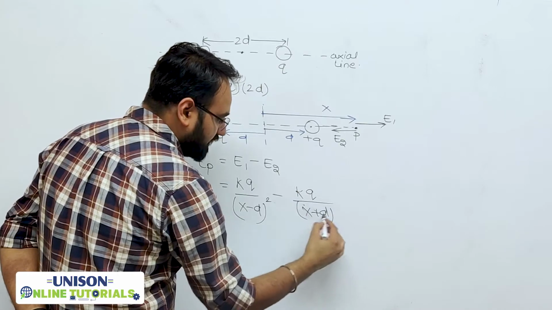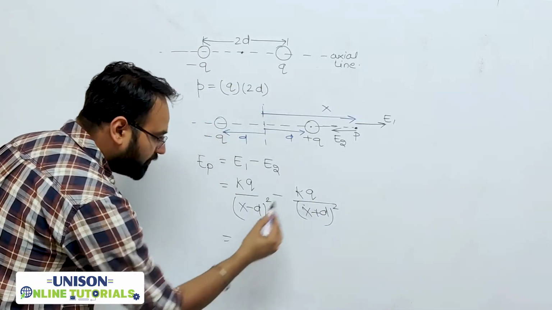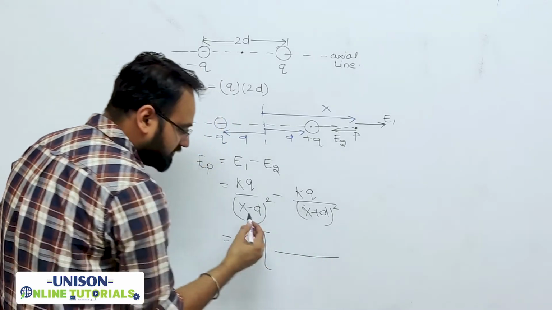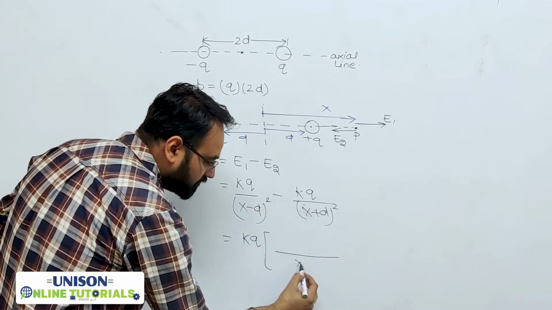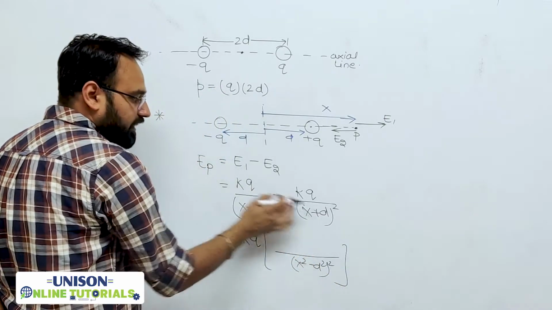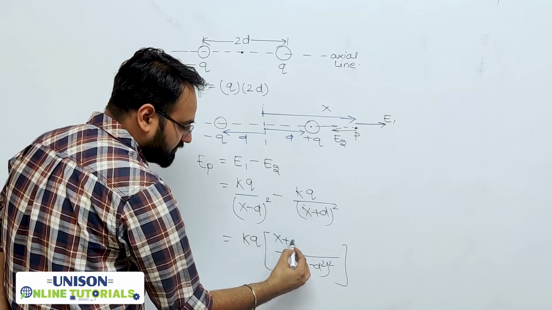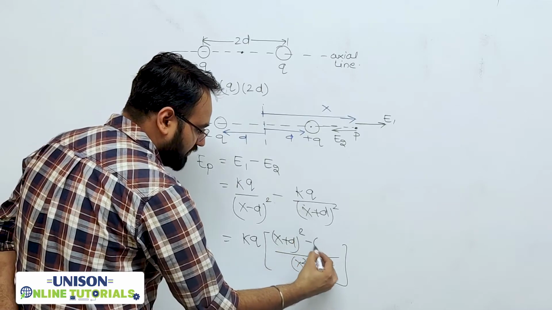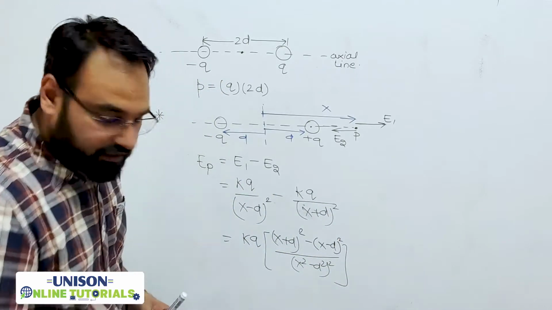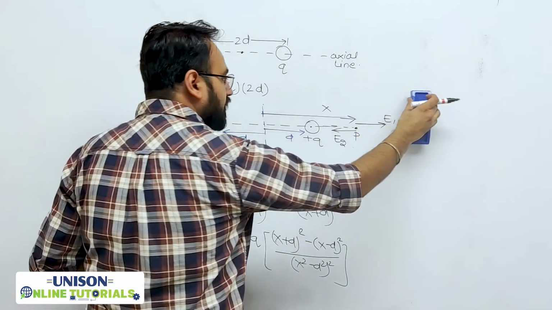Now from here we can take KQ as common, and when we take the LCM, we get x square minus d square whole square in the denominator, and in the numerator we get x plus d whole square minus x minus d whole square. Let's see what we get on solving it.